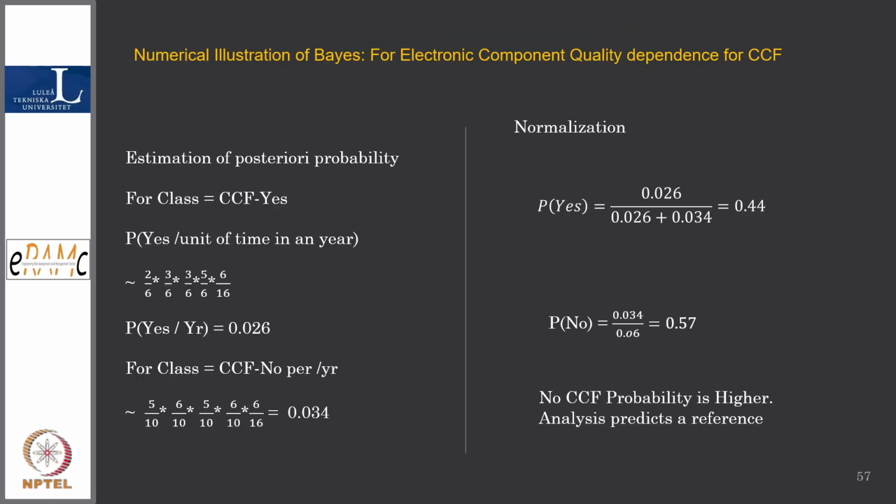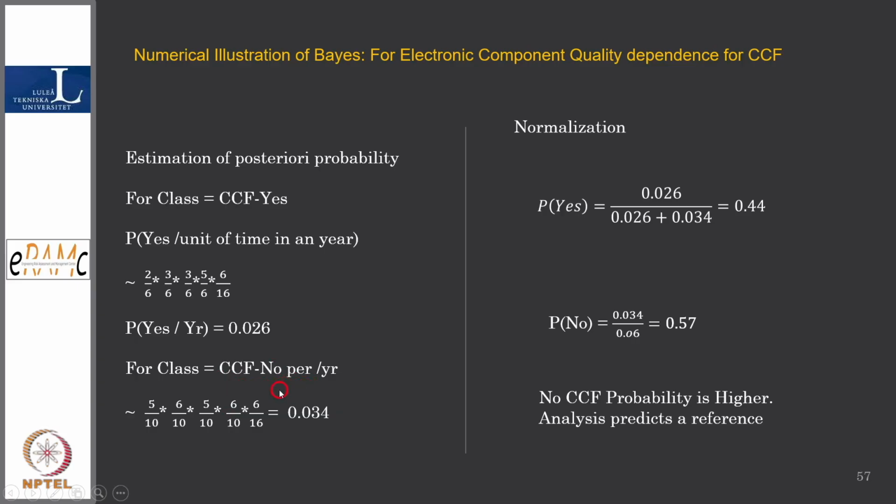Now we will bring in that conditional element of this. So common cause failure yes is nothing but the individual 2 by 3, 3 by 6 and 6 by 16 that we estimated. Probability of yes per year, because I am trying to predict that per year what was the observation of each individual that data came from.